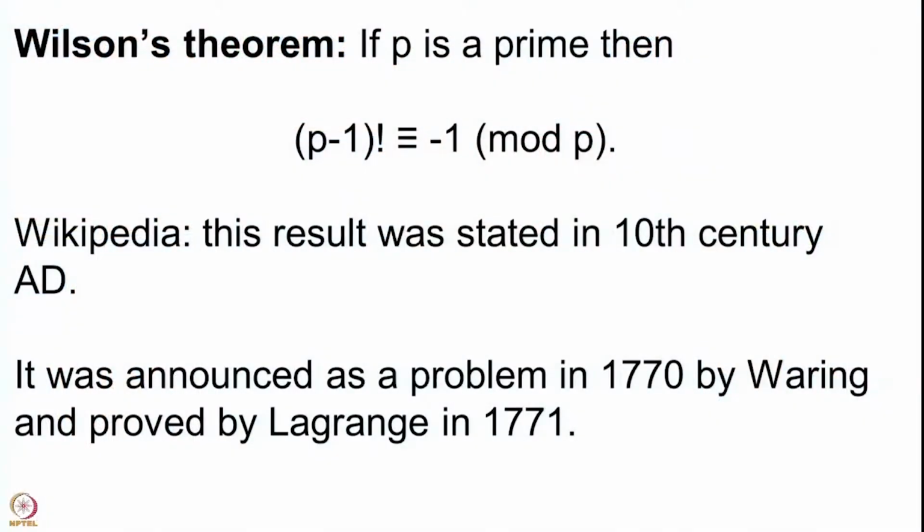He computed p minus 1 factorial for several primes, and he noticed that this is congruent to minus 1 mod p. So, as is very common with teachers, Edward Waring gave it as a problem to John Wilson to show that p minus 1 factorial is congruent to minus 1 modulo p for every prime, but Wilson could not do it. However, it was Lagrange who did it in the next year, 1771.